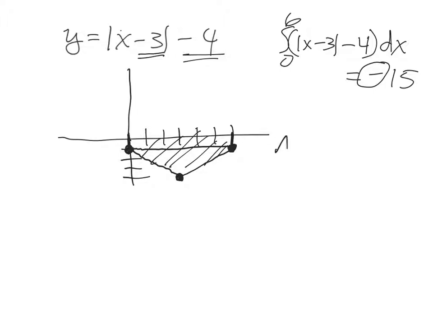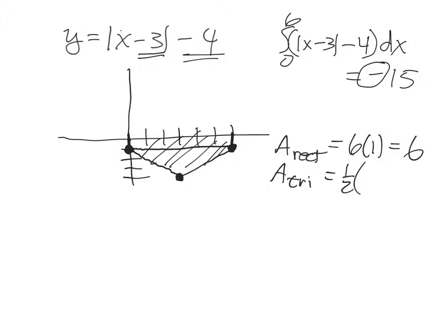The area of the rectangle would be what? Length of 6, width of 1. And then the area of that triangle is what? 1/2 base, which is your 6, times your height.